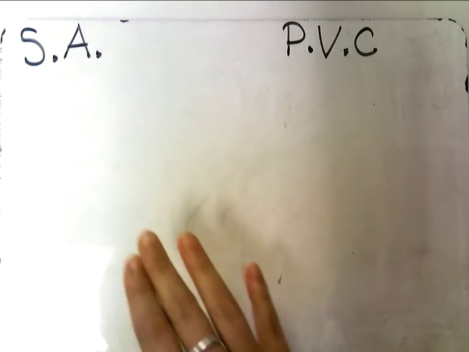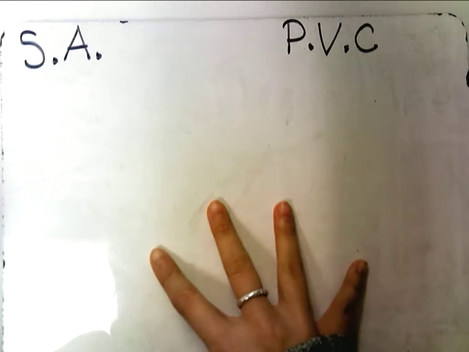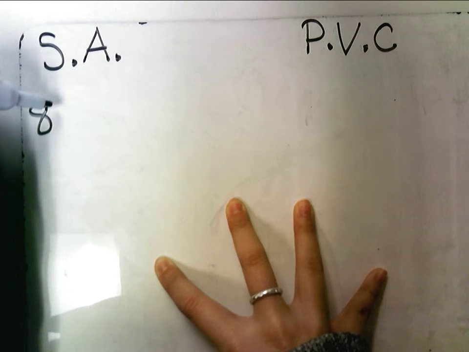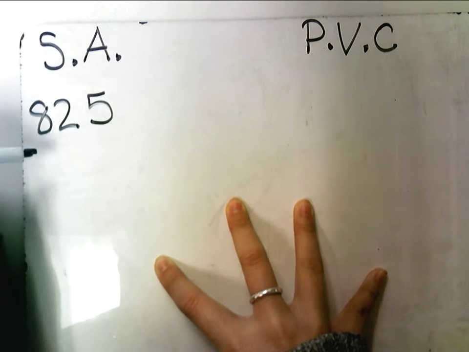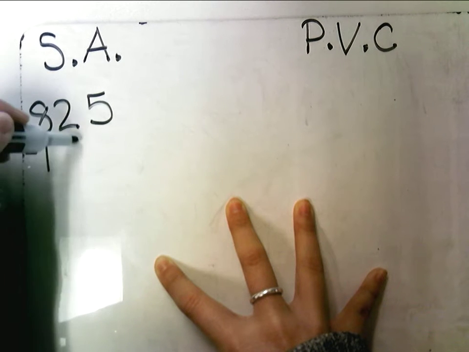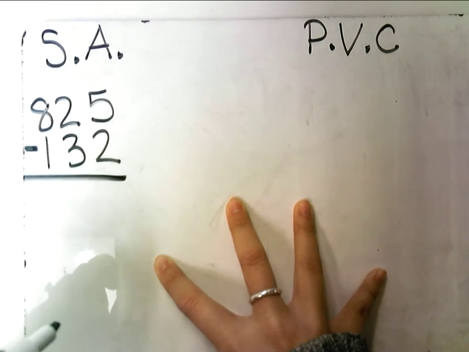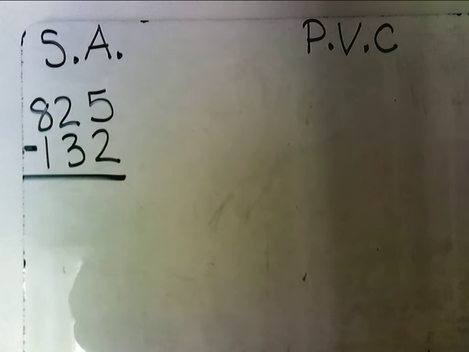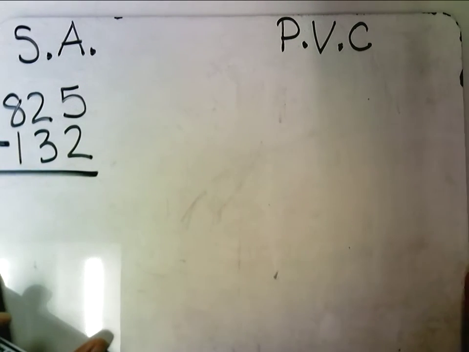So on this left side, let's write the equation we're going to solve today. 825 minus 132. So I've written our equation the vertical way. And then on this side, we're going to make our place value chart showing hundreds, tens, and ones.